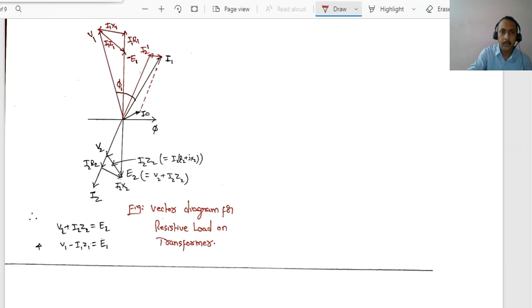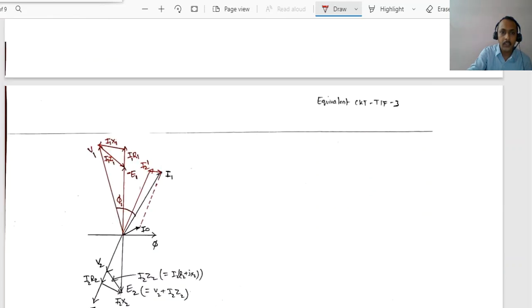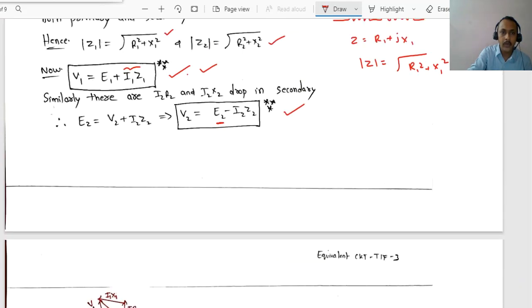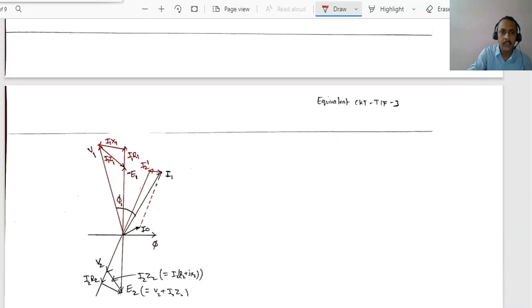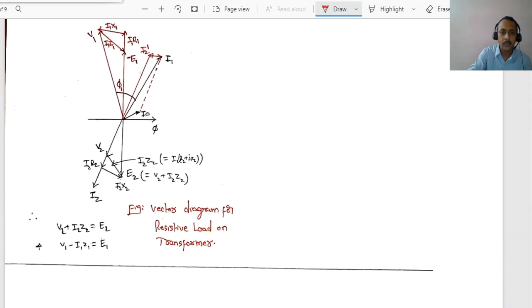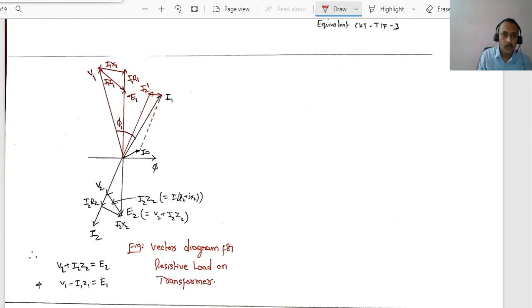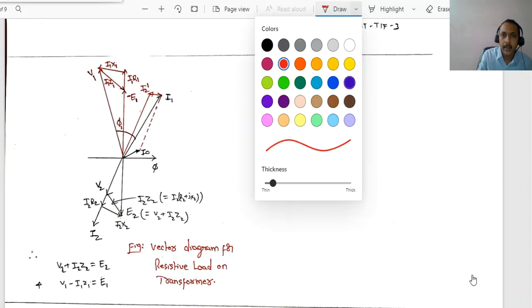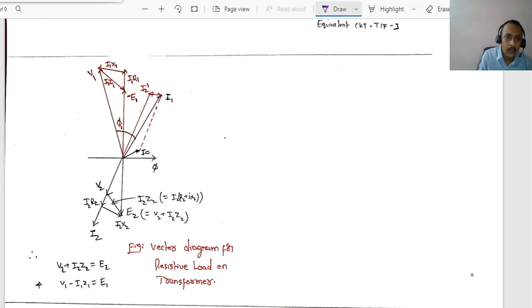So in this diagram, one thing is very clear for you. V1 equals E1 plus I1 Z1. That is just simply what we will add here. You are having V1, and the angle between this V1 and I1.